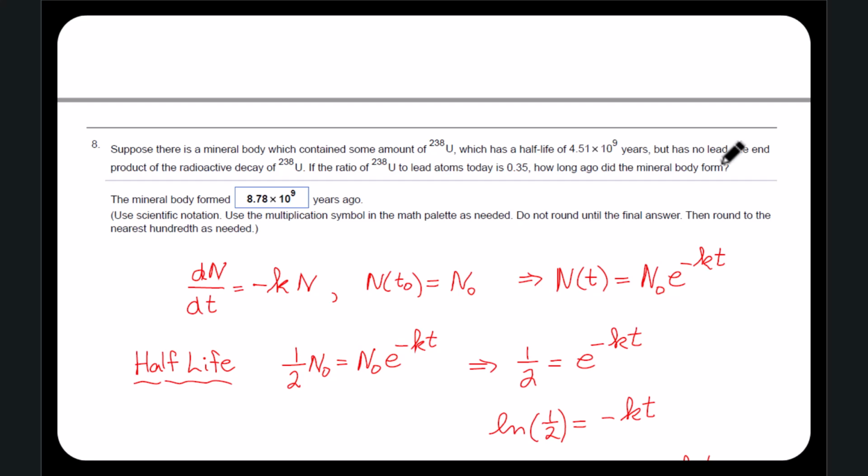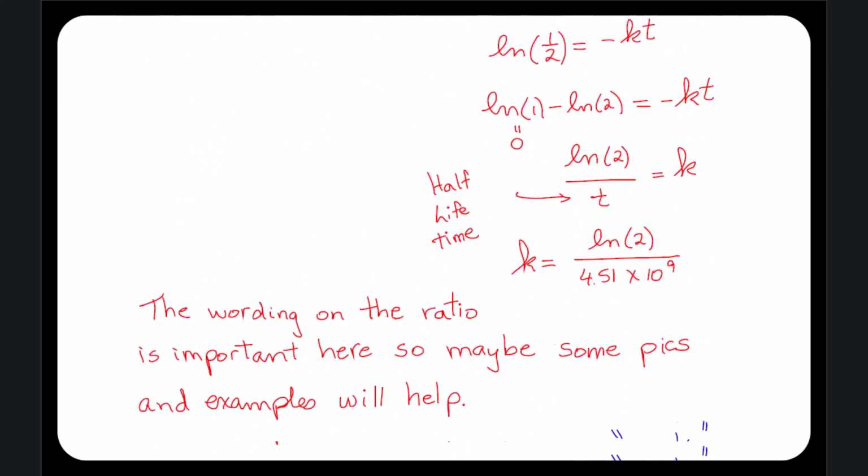So over time the amount of uranium goes down, but the lead goes up. And so now they tell me that the ratio of the amount of uranium right now to the amount of lead that's in the mineral body is 0.35. All right, so let's talk about that.